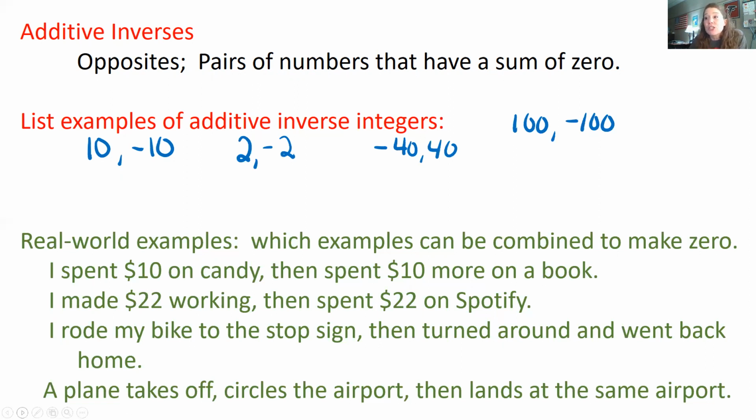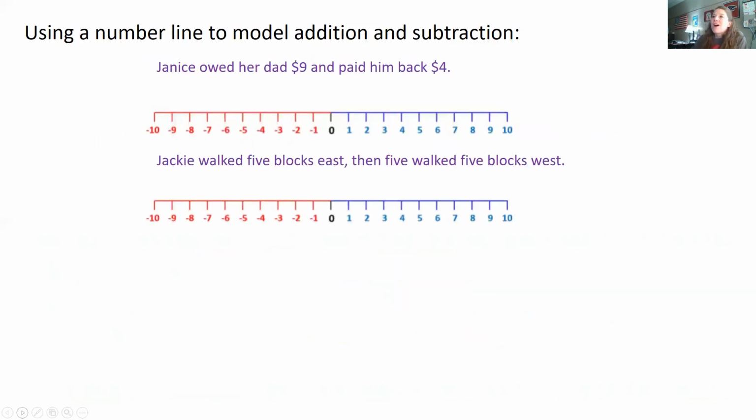Now you would say that you put positive miles on your bike, but we're just wanting examples that you would combine to get the same place from whence you started, right? So all of these are good examples except the first one. On the first example, we just spent $20. So that's what it says. We spent $20.